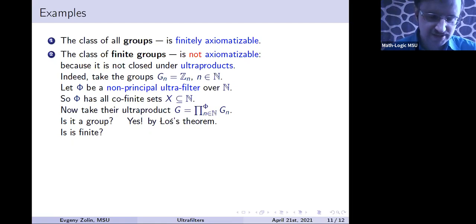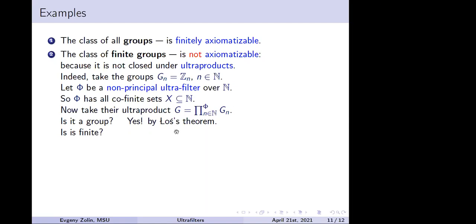Can we express this property by some first order formula and then use Łoś's theorem? So let us write: there exist x1, x2 such that x1 is not equal to x2.